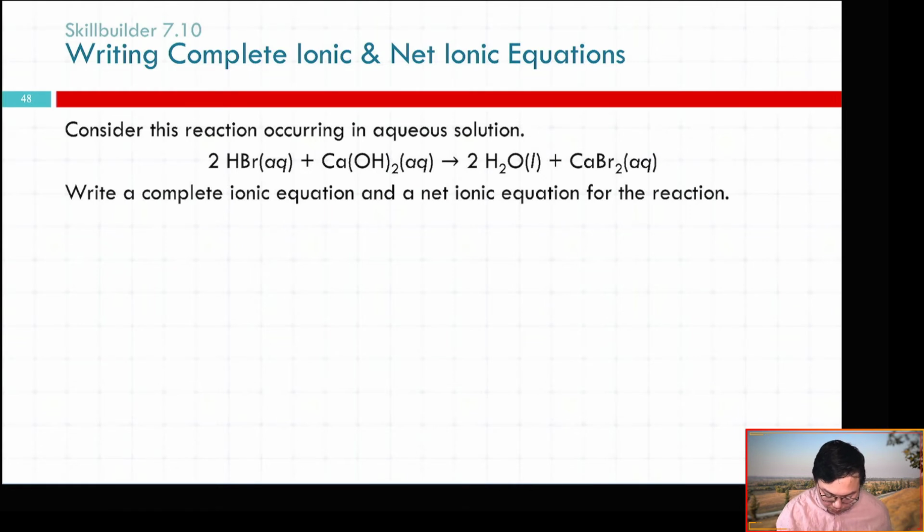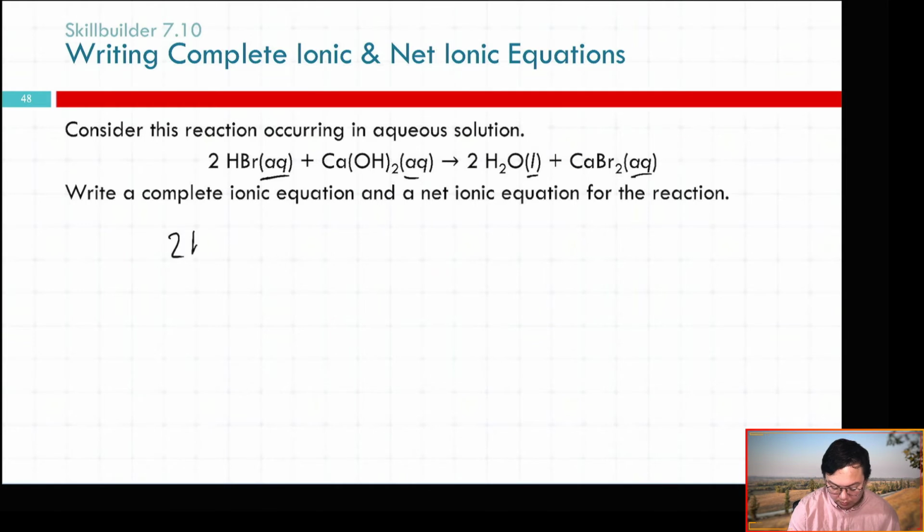So looking at this equation, we have aqueous compounds, and water is a liquid. We'll write a complete ionic equation and a net ionic equation. First, we're going to separate out our ions.